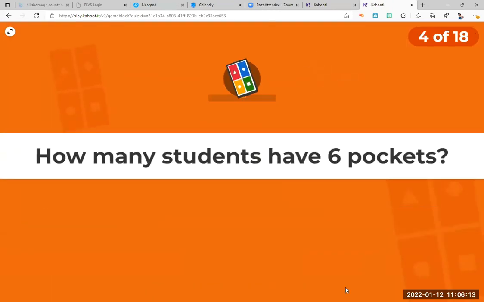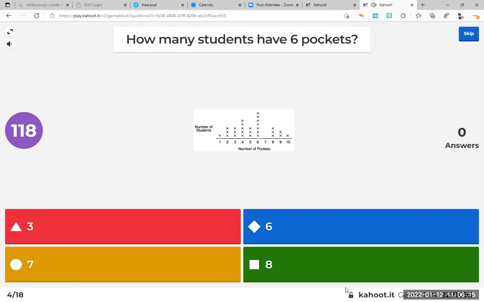How many students have 6 pockets? Count the X's. So find the number of pockets that says 6 and count the little dots or X's. Tell me how many had 6 pockets.